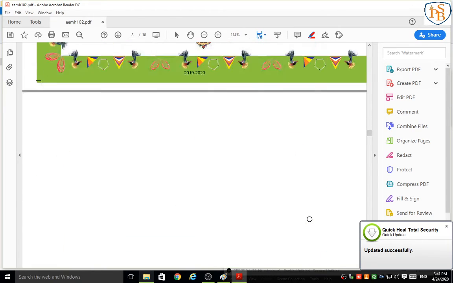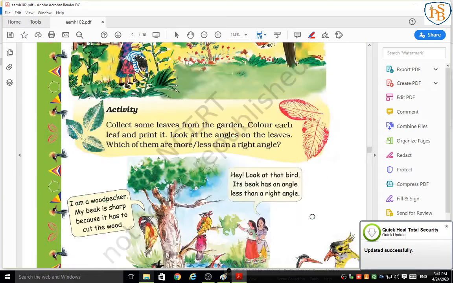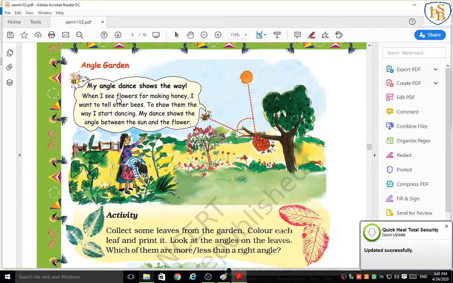Okay, now come to the next point. Our next point is angle garden. Okay, angles are everywhere. In the first part only, we used one geometrical instrument. What is it called? Yes, divider.